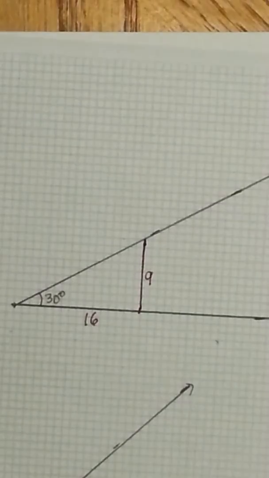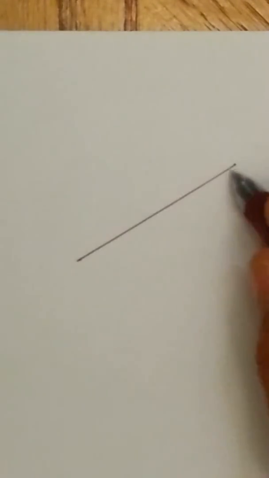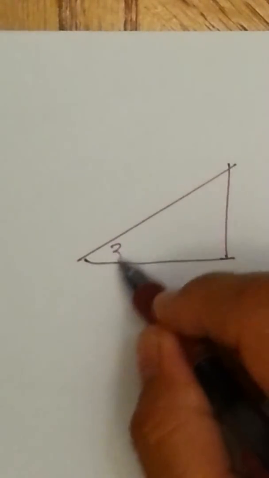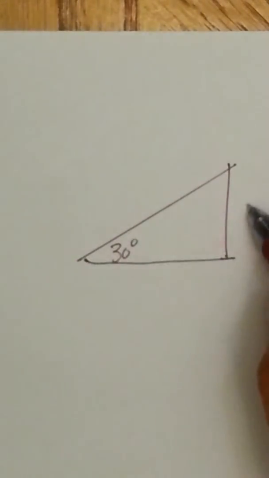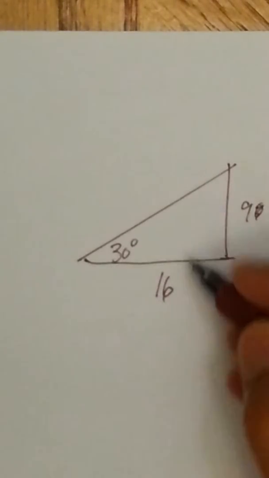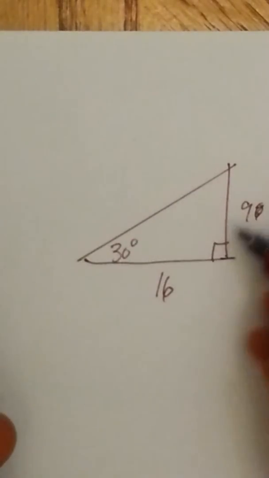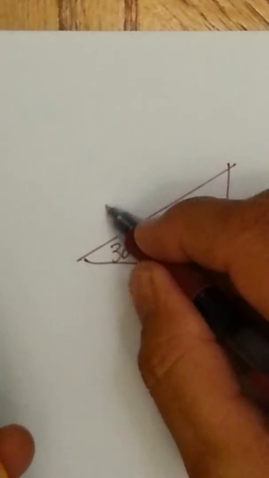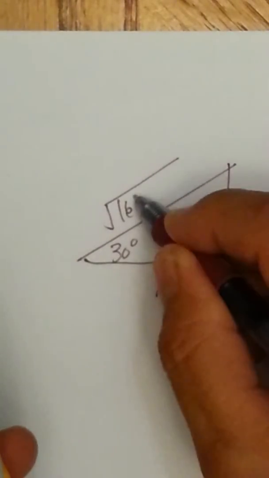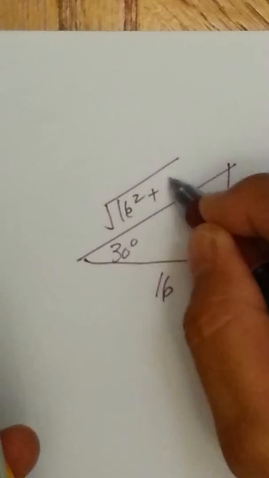All right. So let's take a look at what we have right there. What we just created is the 30 degree angle with 9 squares and then 16 squares. Sorry about that. And then what I'm going to do is find the hypotenuse, which is the square root of 16 squared plus 9 squared, right?